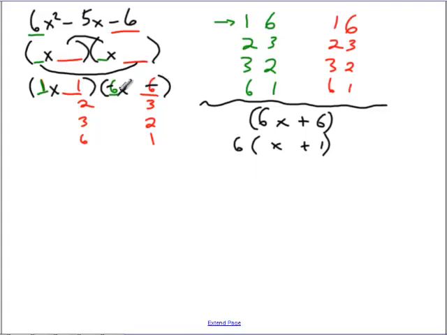This could not be a factor, so I'm going to rule out 6 with my 6 in green. The same thing holds true for 3, because a common factor could be pulled out of 6x plus or minus 3. Same thing holds true for 6 and 2. And if these over here don't work, then the pairs just don't work.